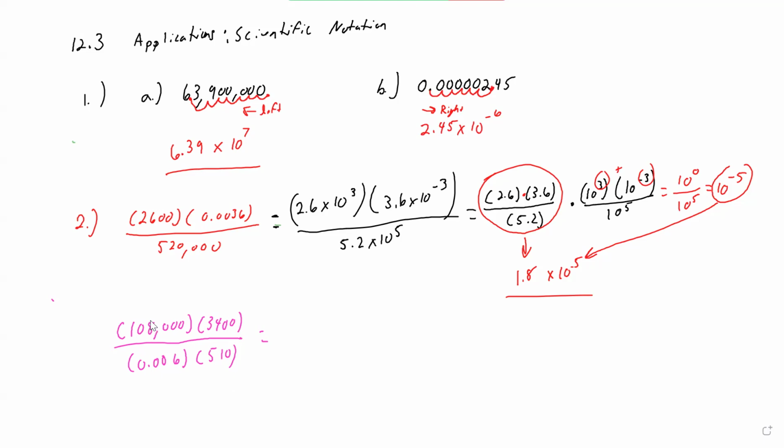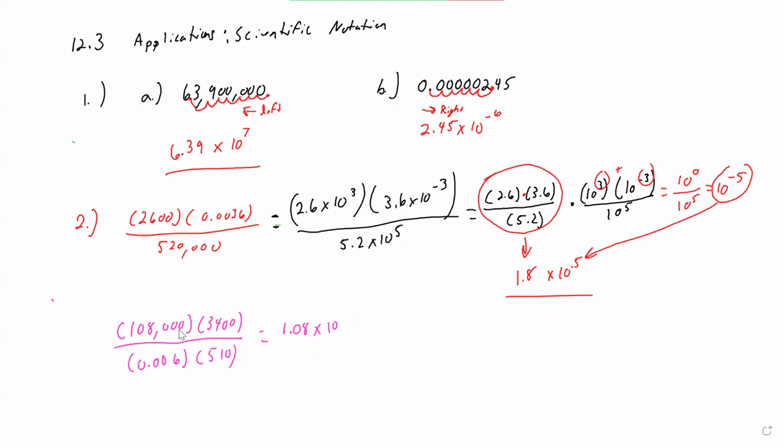So how would I rewrite 108,000? Remember, it has to be between 1 and 10. 1.08 times 10 to the what? 5.